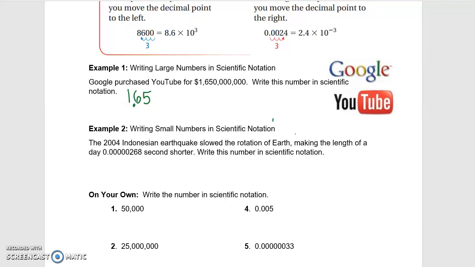Now I'm going to use the number that was given to me in the problem, and I'm going to put a decimal there. And I'm going to count how far it has to move to get to the end of the number. So 1, 2, 3, 4, 5, 6, 7, 8, 9 spaces. And it makes a number greater than 1. So that's a positive exponent. So 1.65 times 10 to the 9th.